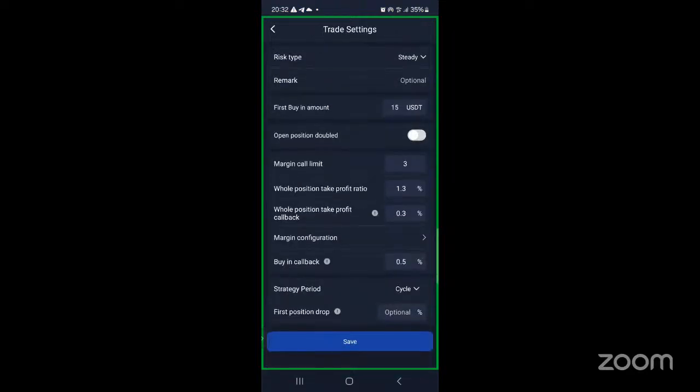So my friends, yesterday I took time to expand the difference in the risk types. I'm sure right now we have some people that are now familiar with the risk types. You know when to apply which type of risk type, okay?